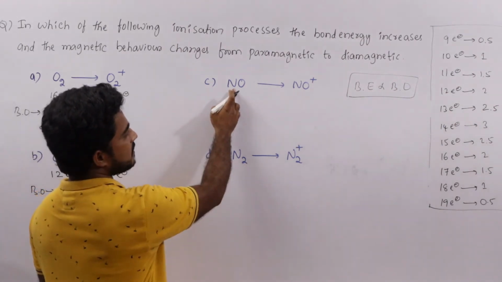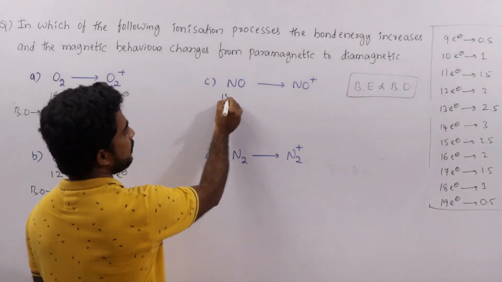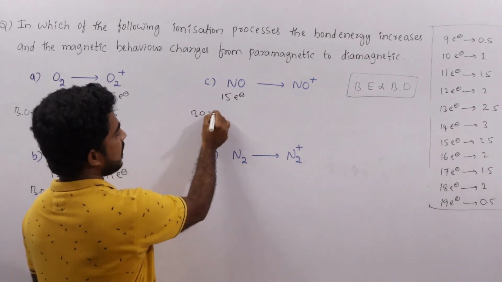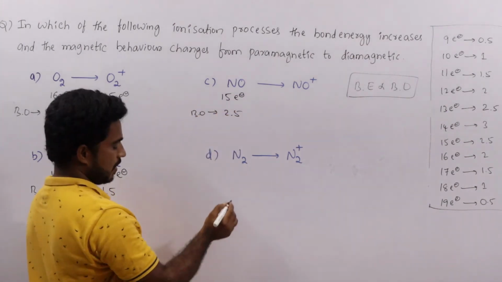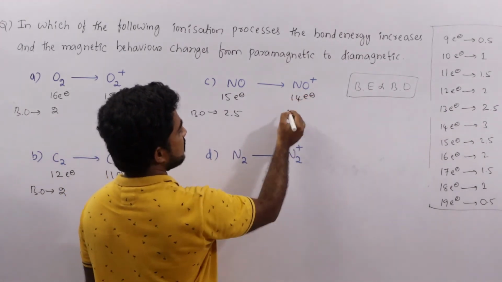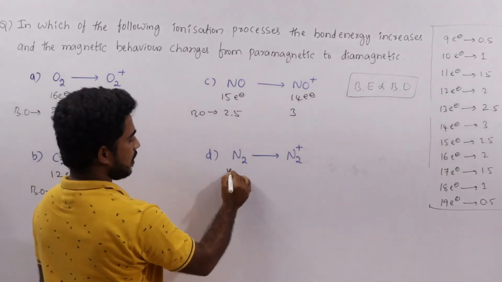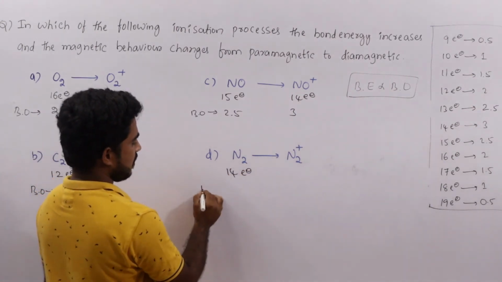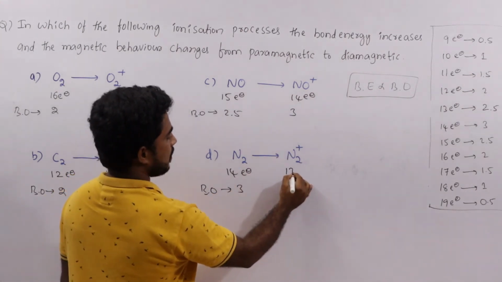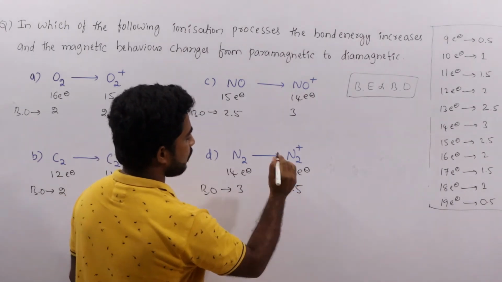NO: nitrogen 7, oxygen 8, 15 electron species, bond order 2.5. NO plus, 14 electron species, bond order 3. N2, 14 electron species, bond order 3. N2 plus, 13 electron species, bond order 2.5.